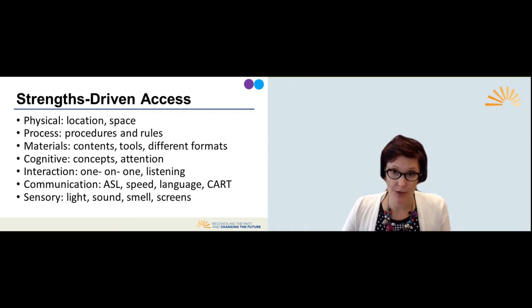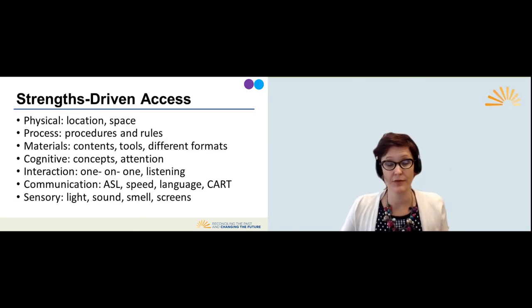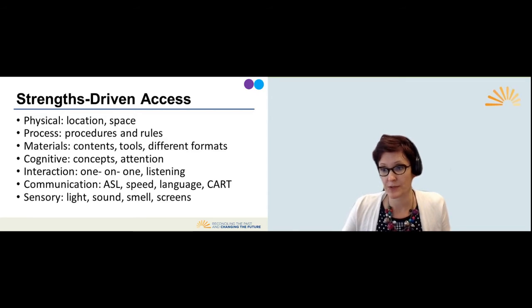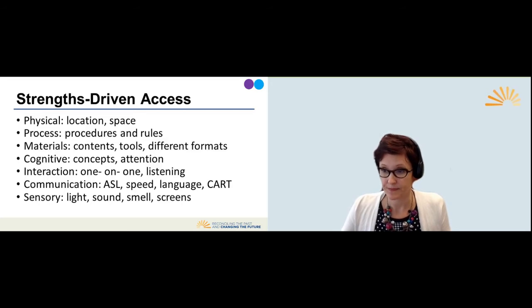And Destiny, you alluded to this as a really important role on the team. So we have to think about the content, the tools that we're using, and making sure that we have different formats. So for example, not just text. If we have text, we might also use pictures, or we might have some audio to go with the text.